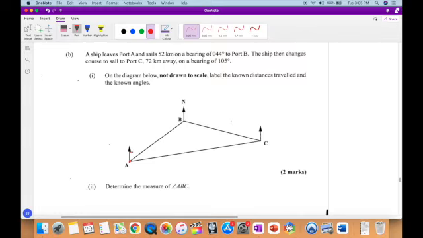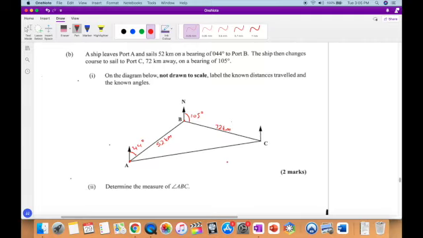So from the north line, this is 44 degrees, and this is 52 kilometers to the port B. And then the ship changes course to sail 72 kilometers away to port C. So this is 72 kilometers on a bearing of, from the north line, 105 degrees. Right? On the diagram below, not drawn to scale, label the distances traveled and the known angles.